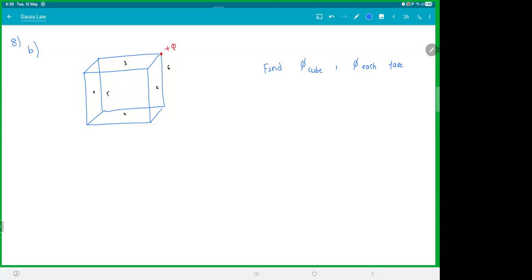Now, what do you guys think? You have to be careful. If you are inside, it is q by epsilon. If you're outside, it is 0. But if you are exactly on the surface, you have to be smart. So let's see how you will do that.